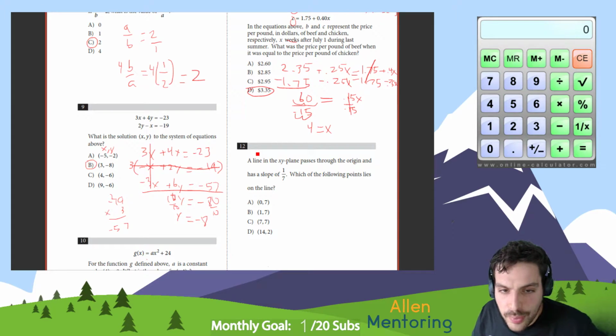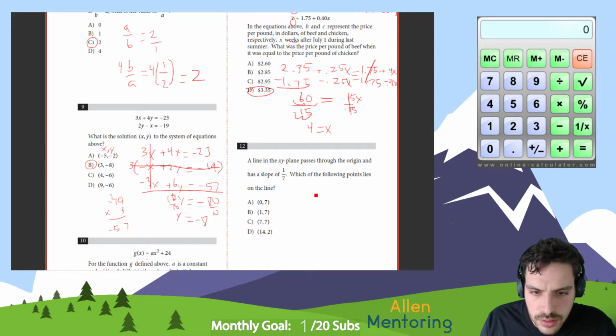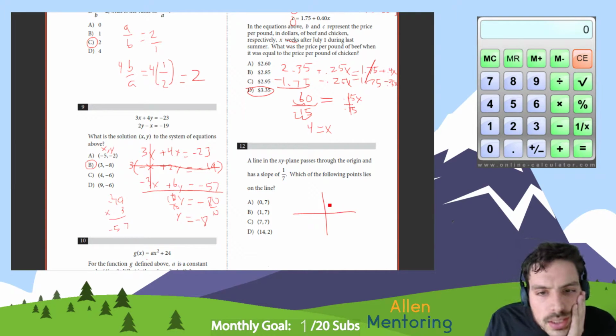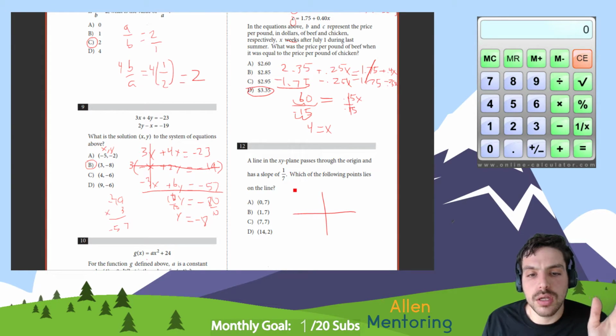Which of the following points lie on that line? So it's going to be a terrible drawing, I can tell you right now. All right, it can be worse. We see that a line passes through the origin and has a slope of 1/7. So we see that rise over run is: it rises 1 and runs over 7.